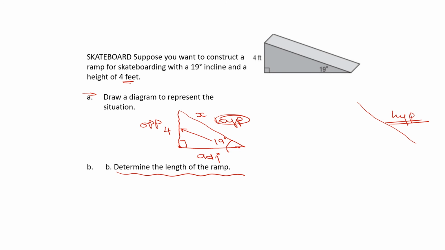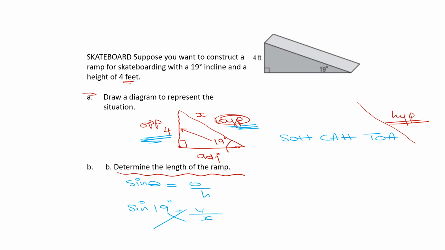Let's label it as x. Now we have the opposite, we have the hypotenuse, and we have the angle. We know by SOHCAHTOA that the opposite and hypotenuse relationship is given by sine theta. So we write our formula: sine theta equals opposite over hypotenuse. Our opposite is 4, the hypotenuse we have to find, and theta is 19 degrees. Now cross multiply.